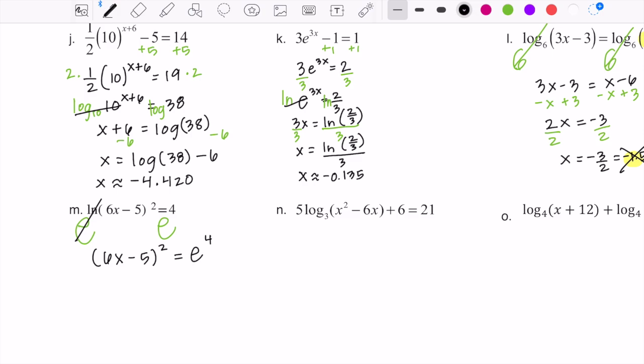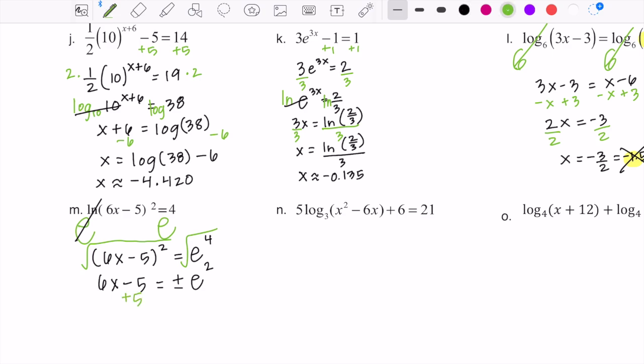You could try and FOIL that out and go from there. But sometimes we just need to recognize that we can just square root if it's a perfect square. So we get 6x minus 5 equals plus or minus e squared.